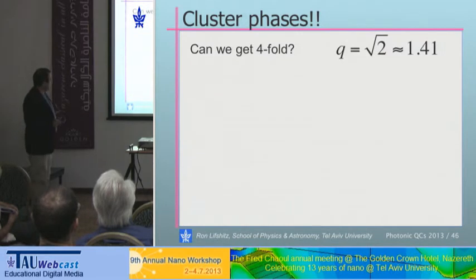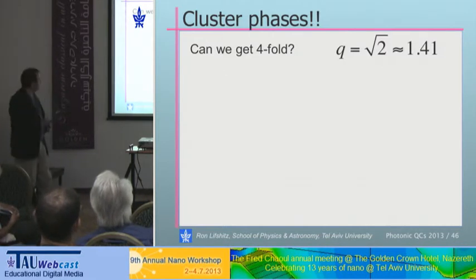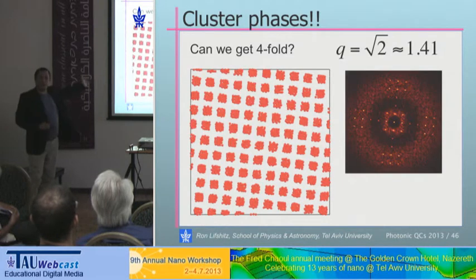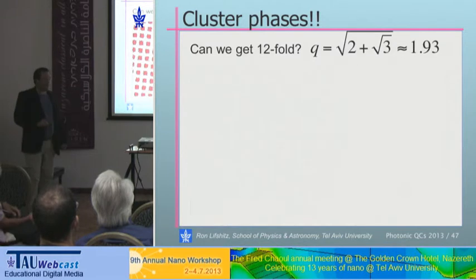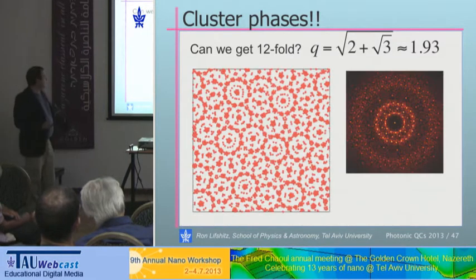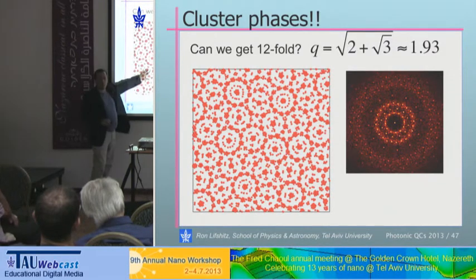And then we change the relative length scale. We have 2 length scales and the ratio between these 2 length scales, and we set it to get a 4-fold crystal. And indeed, we get this square crystal, again made out of clusters. And finally, when we set it to give us the 12-fold crystals, then we get this really nice and beautiful cluster quasicrystal.